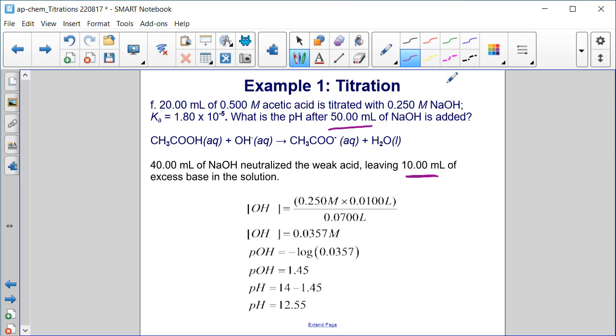So the hydroxide concentration is the moles of hydroxide over the volume of the solution.